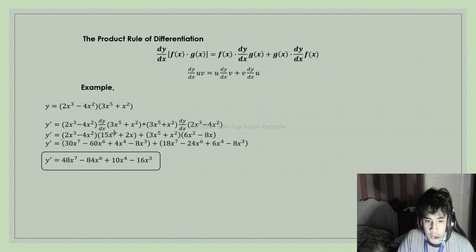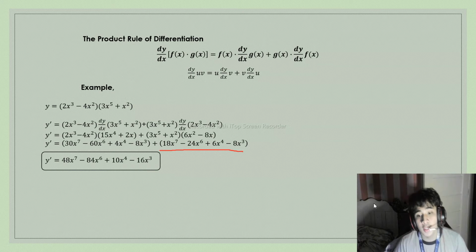Using FOIL method, we have 30x raised to 7 minus 60x raised to 6 plus 4x raised to 4 minus 8x cubed. Tapos, sa kabila, using FOIL method, we have 18x raised to 7 minus 24x raised to 6 plus 6x raised to 4 minus 8x raised to 3.